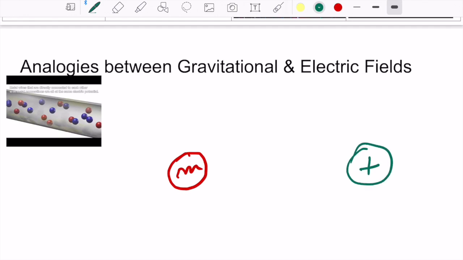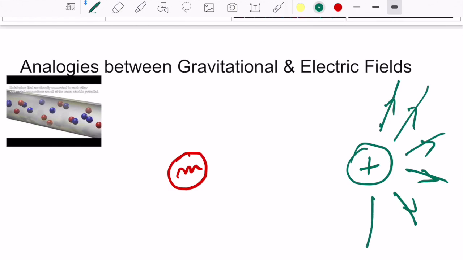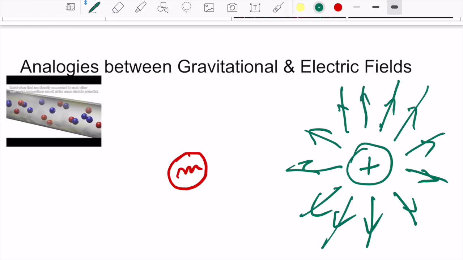But they both imply some invisible lines. We call these lines field lines. For instance, these are the field lines that we can visualize around a charge. This is in 3 dimensions, right? Imagine the field lines coming out in all directions. We call this the electric field.